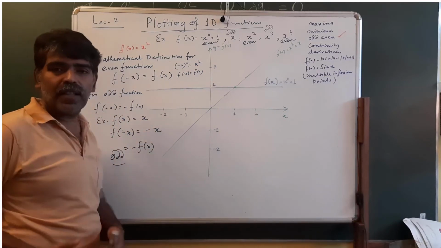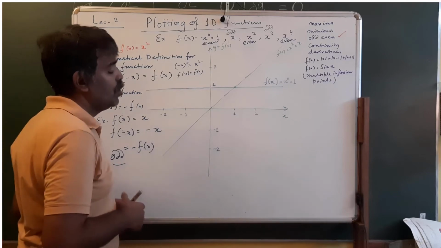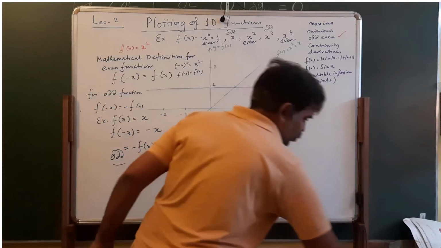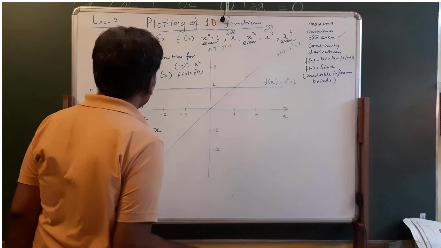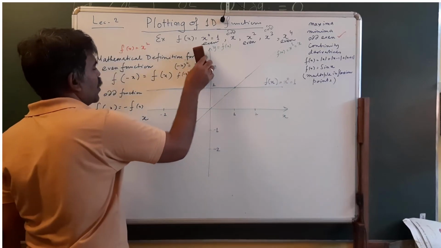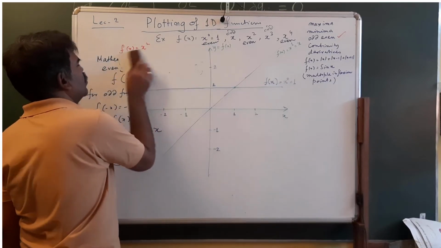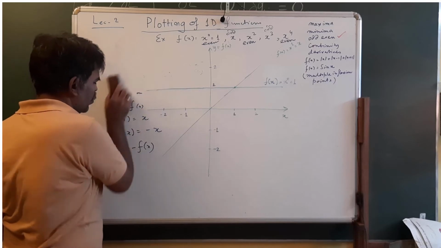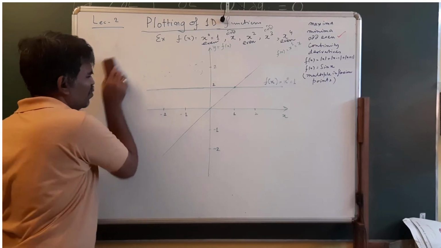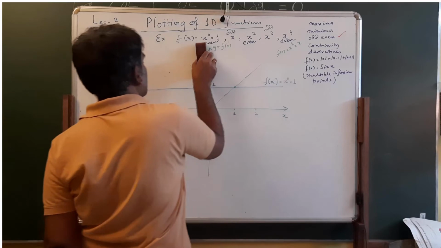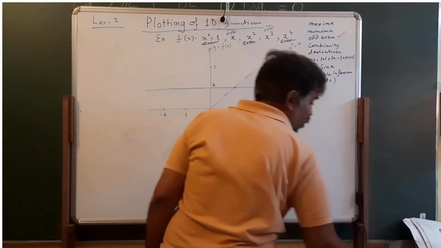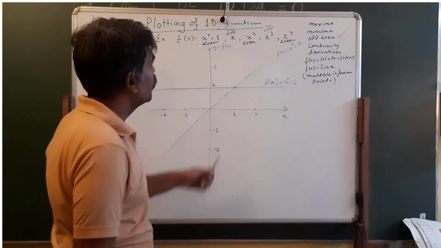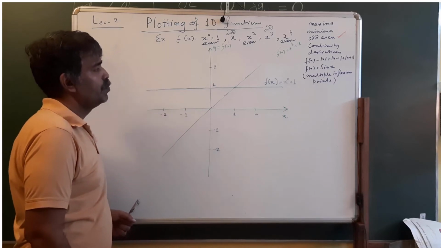What's the geometrical significance? Let's see how geometrically this goes. Geometrical significance of even and odd functions.